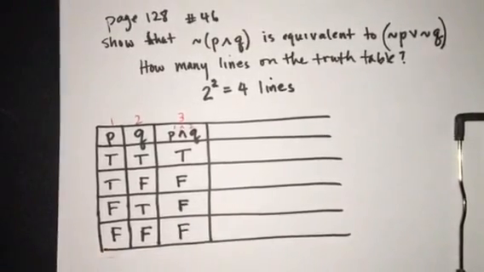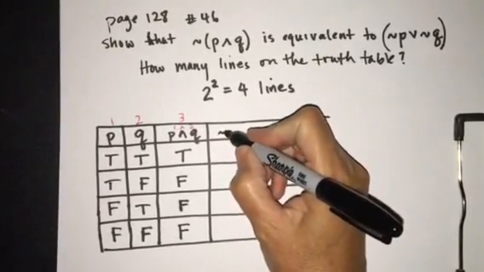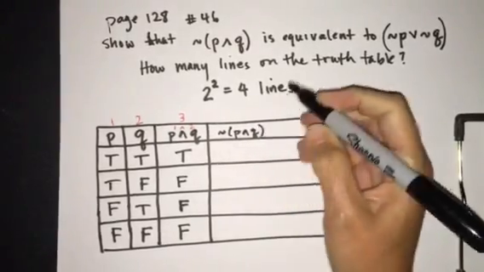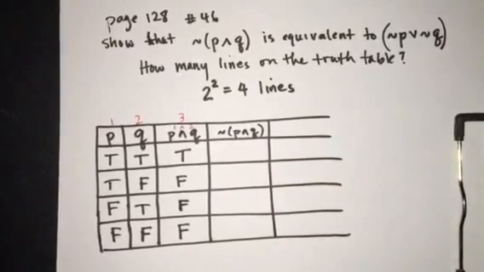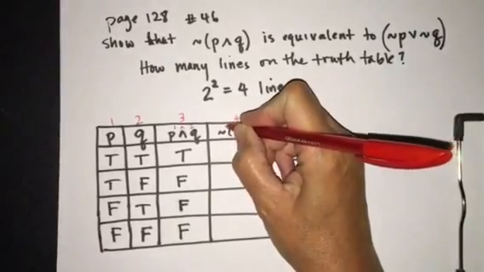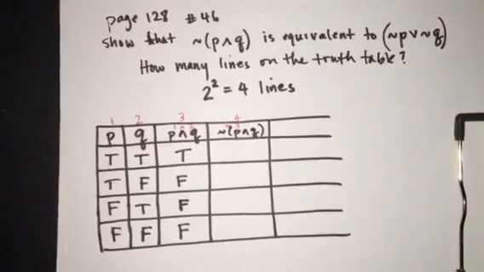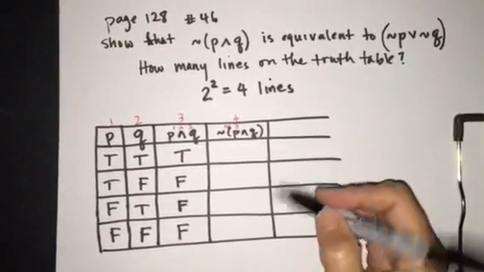That's false. For the fourth column, I'll do the not of (P and Q). So the fourth column is going to be the not of column 3. Everything in column 3, you change to its opposite.